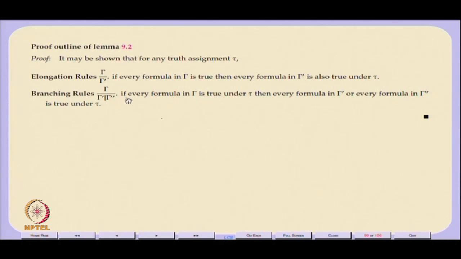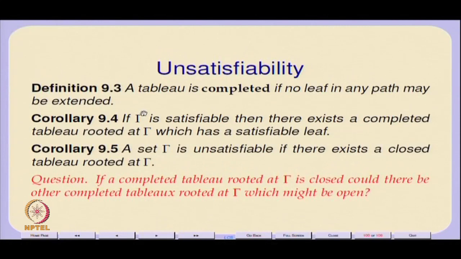Similarly, in the case of branching rules, you can do a case analysis on the operators which give you branching rules, and show that if the original formula phi is true, then of the two derived formulae psi and chi, at least one of them would be true. We will not go into it too much.